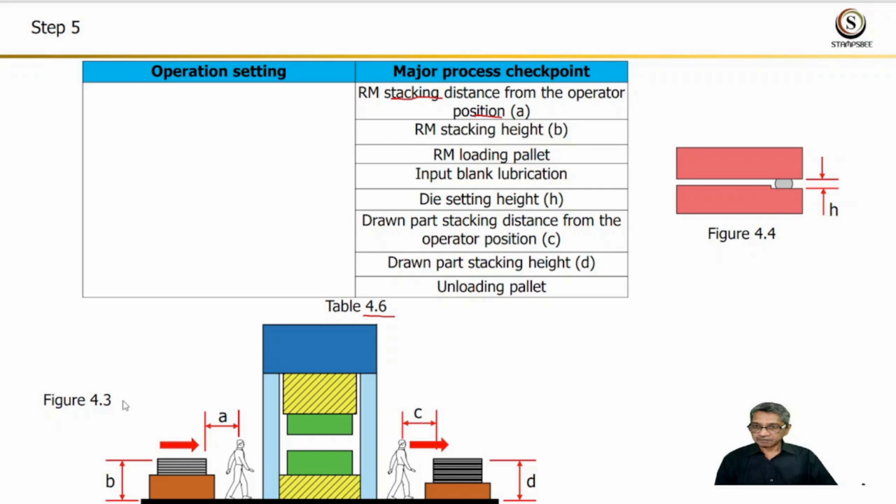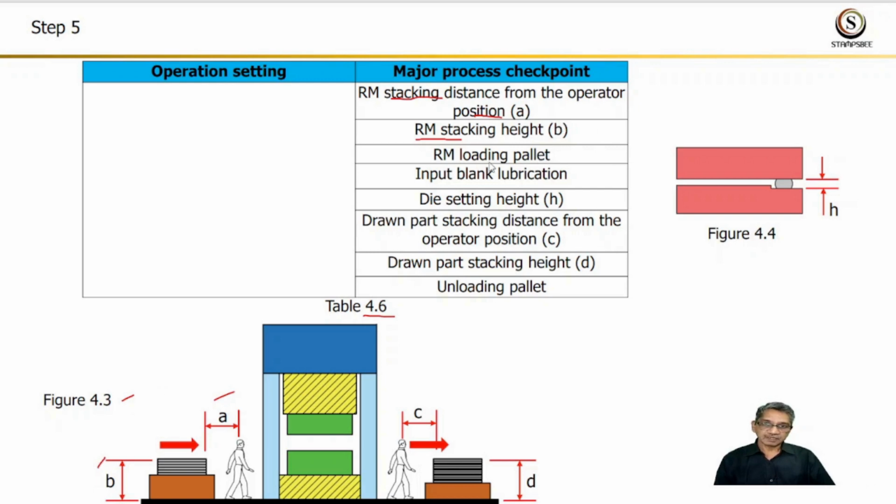In figure 4.3, it is denoted by letter A. Next point is RM stacking height. It should not be more than the optimal elbow height, that is 1005 mm above the ground level. In figure 4.3, it is denoted by letter B.